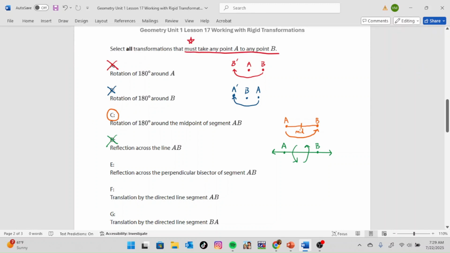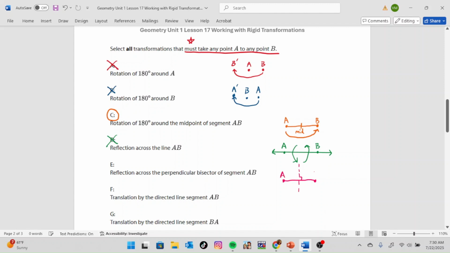Option E, reflection across the perpendicular bisector of segment AB. So let's say we have AB and we have its segment. Now the perpendicular bisector is going to go right through the middle of that at a 90-degree angle.